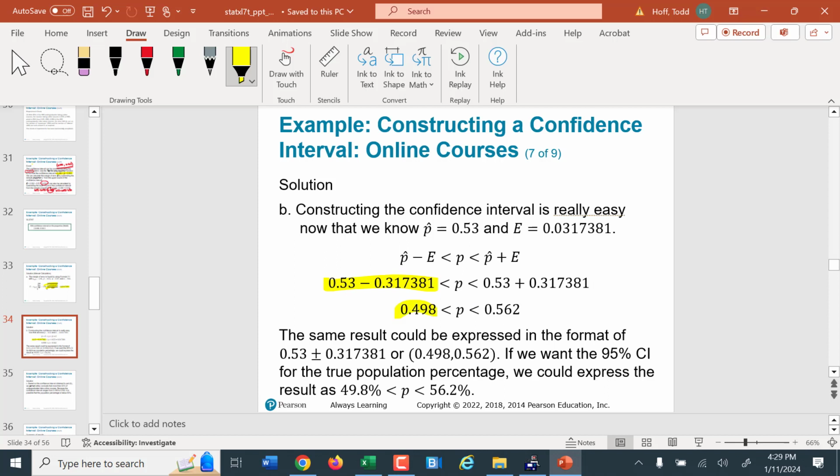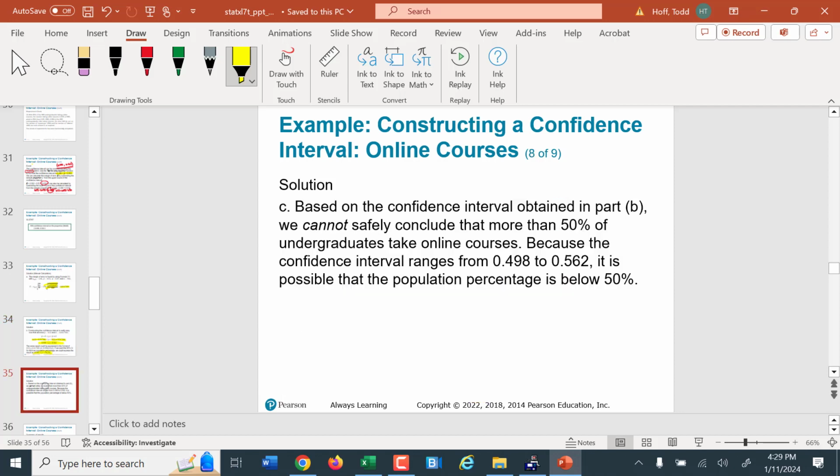You subtract those to get the 0.498, then the point estimate plus that margin of error to get the upper limit of 0.562. So again, the proper way to state this is we are 95% confident that the true population proportion is in the range from 0.498 to 0.562. Or we could list it as percents like this if we would prefer.